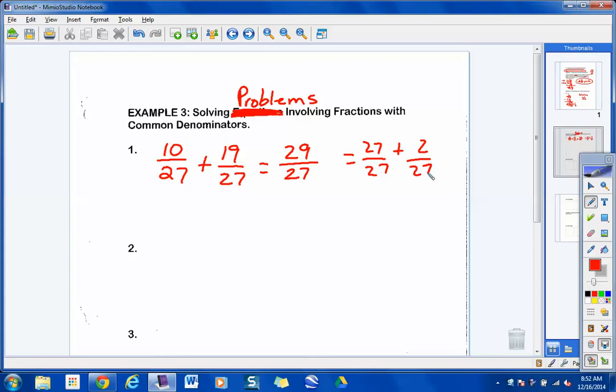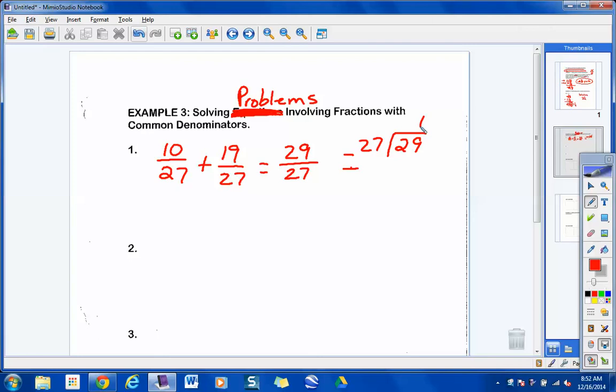I'm going to back up here just quickly. One thing that you may have to do, guys, is say, all right, 29 over 27, that's improper because the numerator outnumbers the denominator, right? Yep. Okay, just turn this into a division problem. Go 29 and divide it by 27. How many whole times will 27 go into 29? Once. Okay, so we'll do my division longhand.